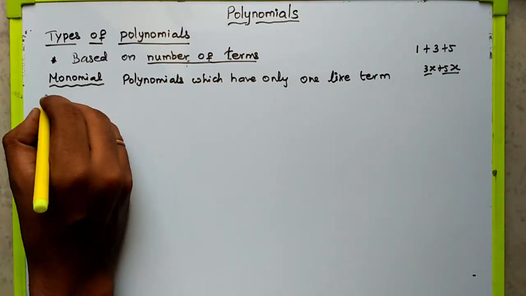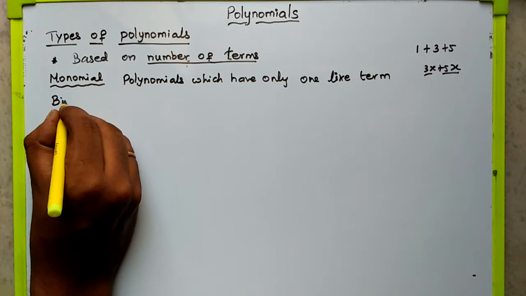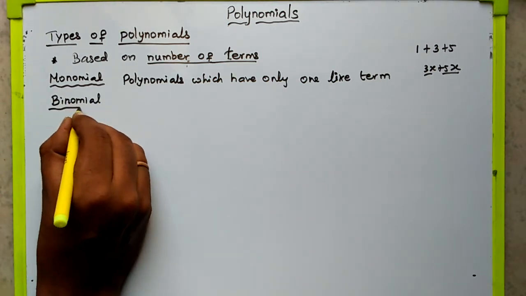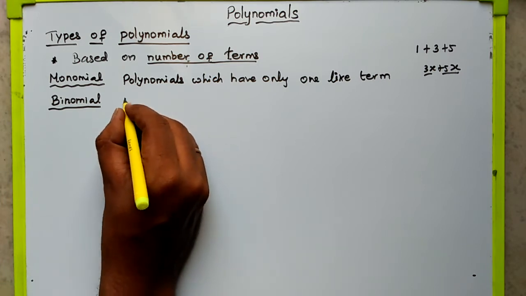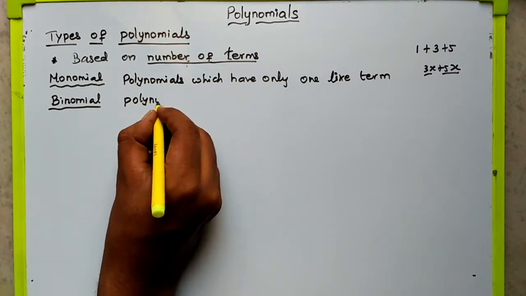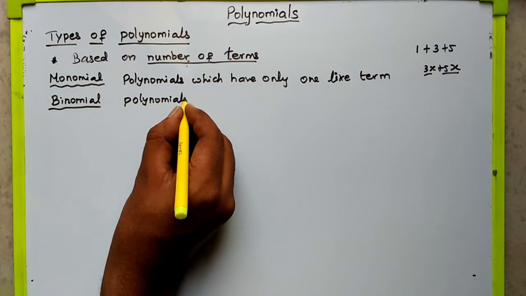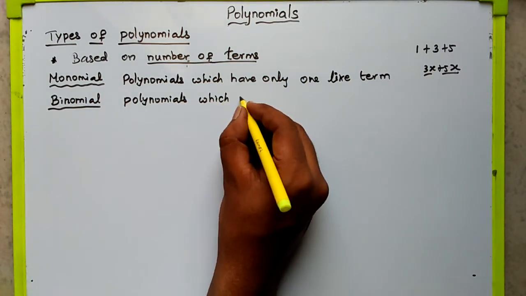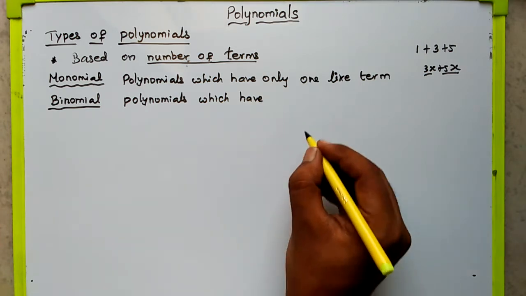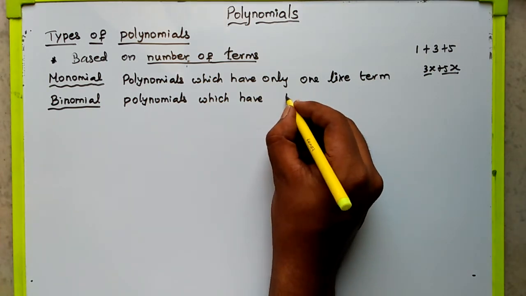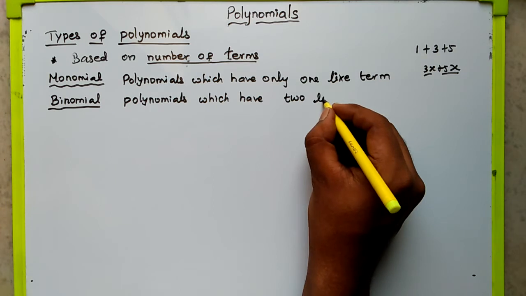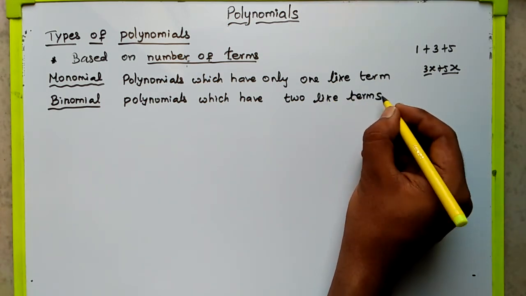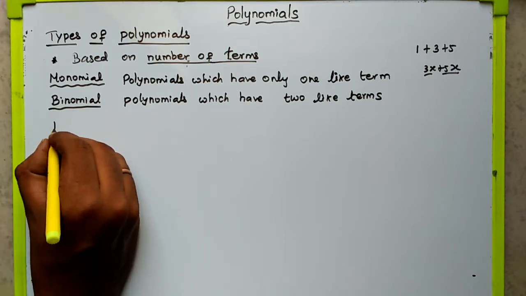And second, binomial. Polynomials which have two like terms. Two like terms, monomial, binomial, next trinomial.